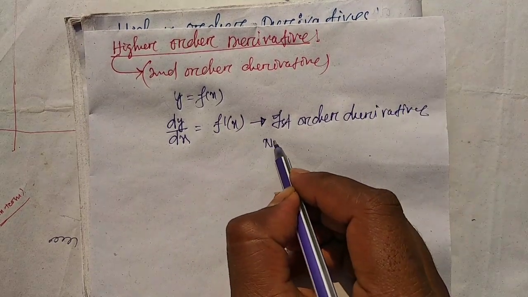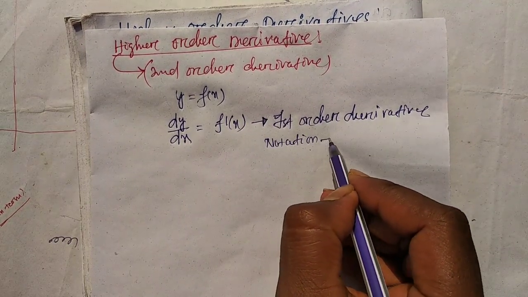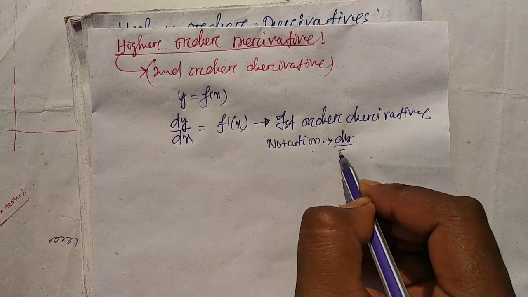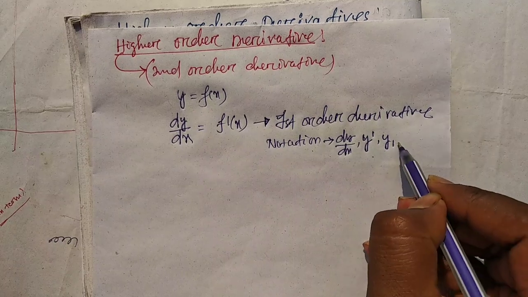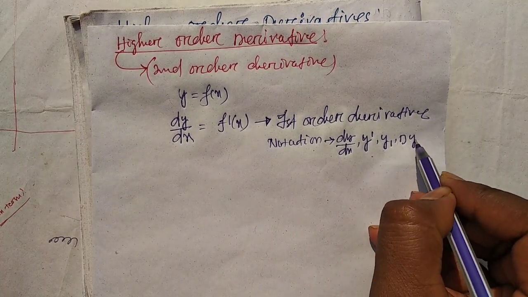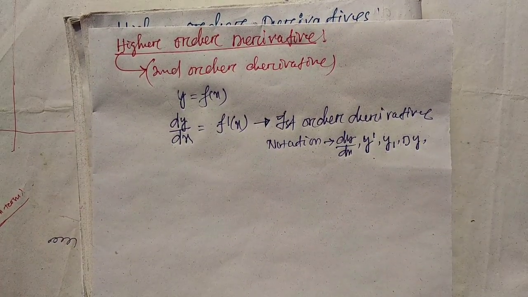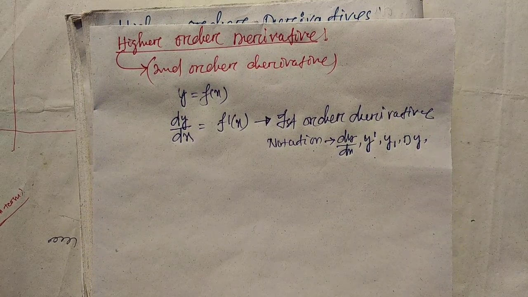Its notation is dy by dx, or someone may write y dash or y1 or capital D of y. Okay, these are the notations used for first order derivative.